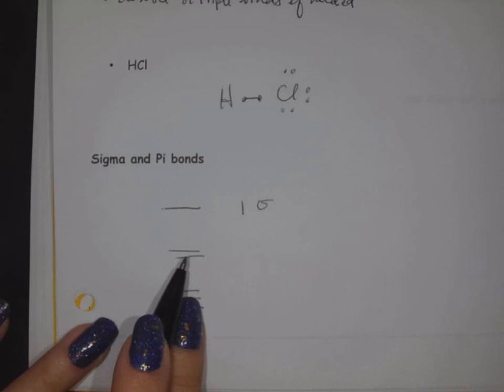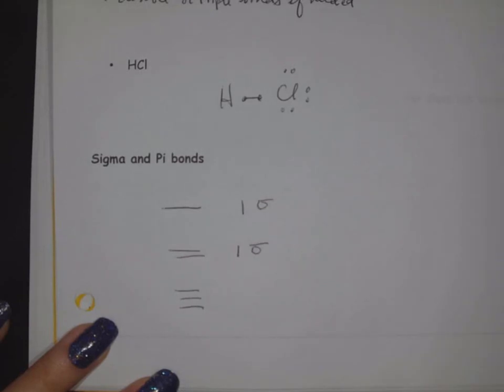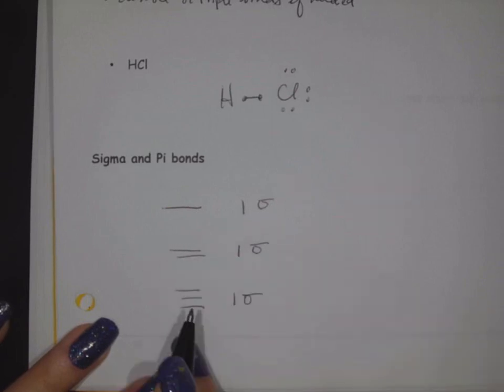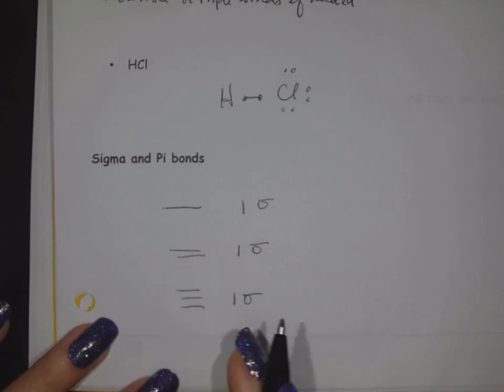There are 2 bonds in a double. One of the 2, and it doesn't really matter which one, is a sigma bond. Same for the triple bond. One of the 3 bonds here we would call a sigma bond. For a double bond, one of them is already the sigma, the other one is a pi bond.